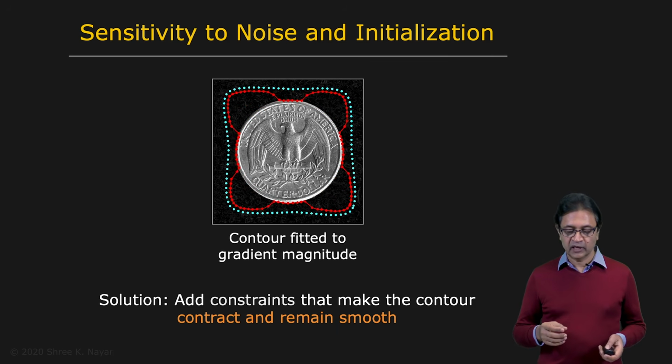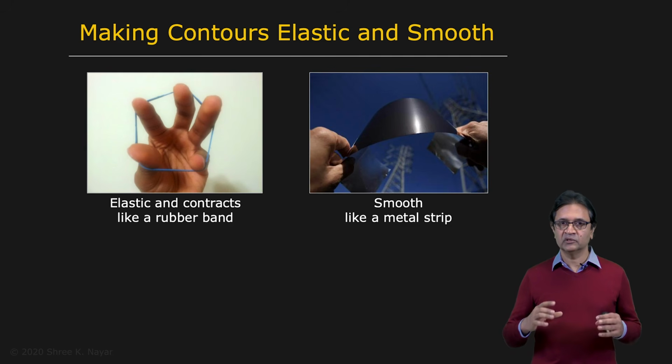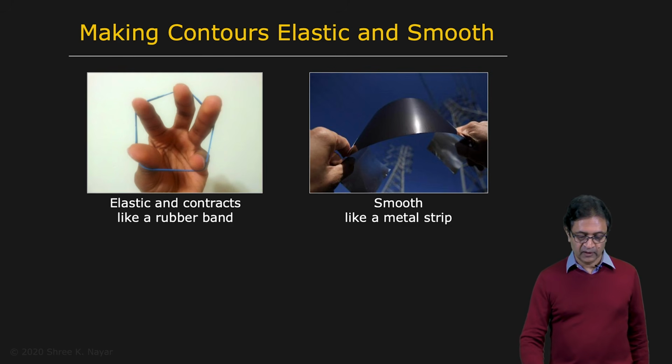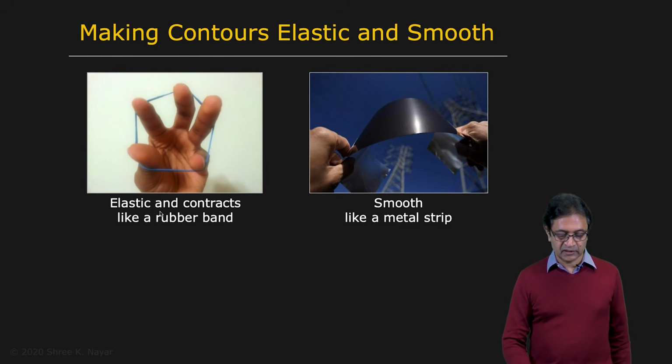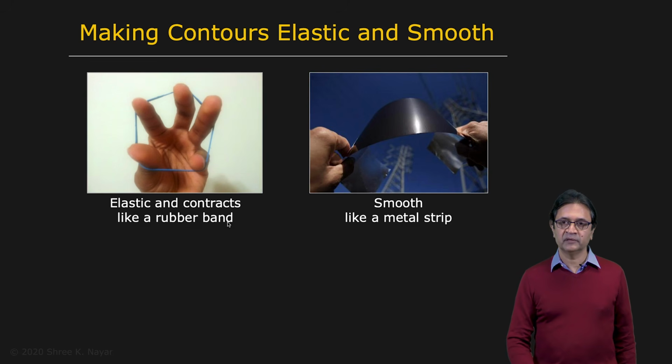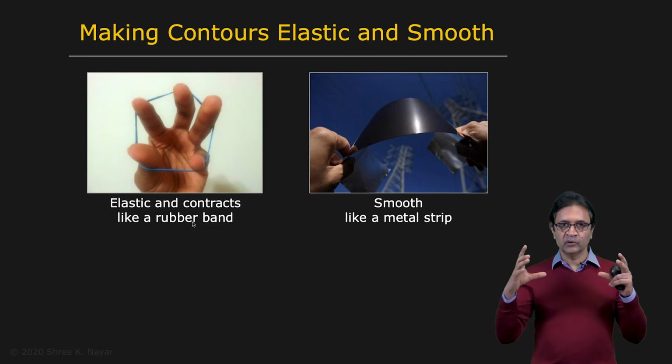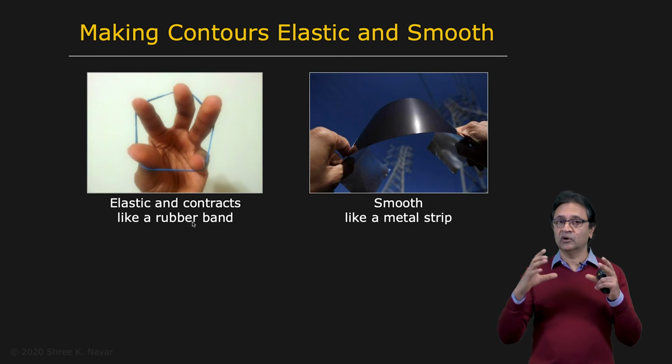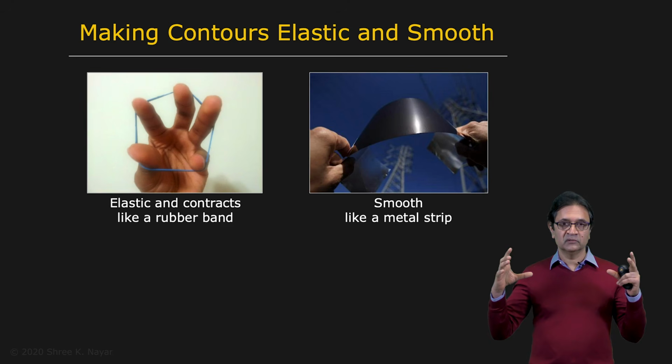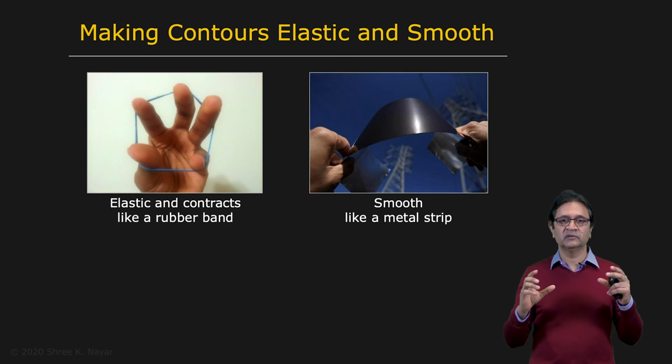In other words, we want to add constraints that make the contour sort of behave like a physical object with certain properties. So one of those properties is elasticity. We want it to behave sort of like a rubber band. That is, it's going to be pulled in. Now remember, you can also do the opposite. You can make a contour balloon out, but that's just a simple trick that we play, a very small change.